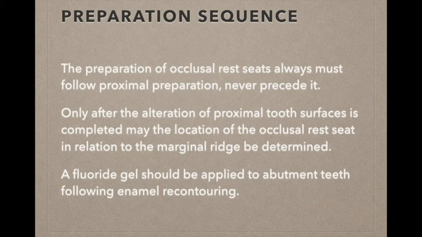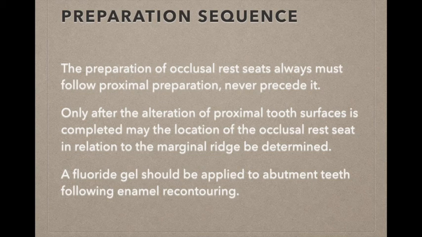When we do the preparations, the preparation sequence is very important. If you need to prep the occlusal rest and the proximal guiding plane, remember the preparation of the occlusal rest seat must always follow the proximal guiding plane preparation, never precede it. So you should do the proximal guiding plane preparation first and then the occlusal rest seat.